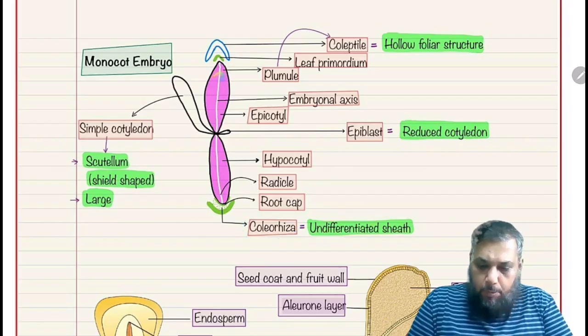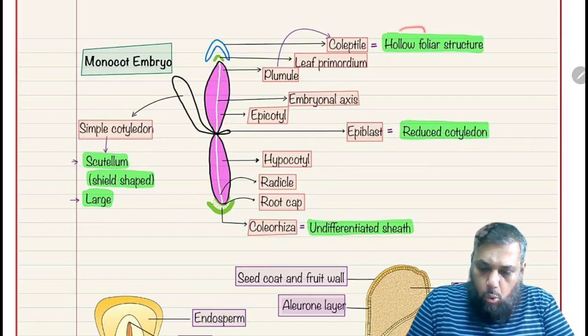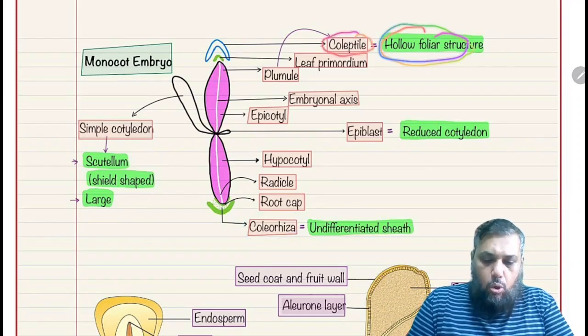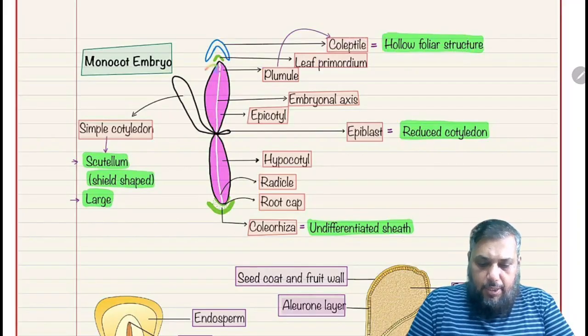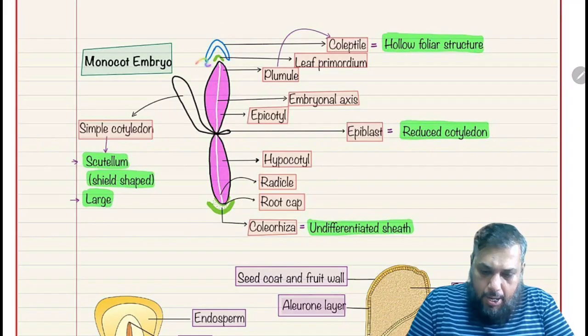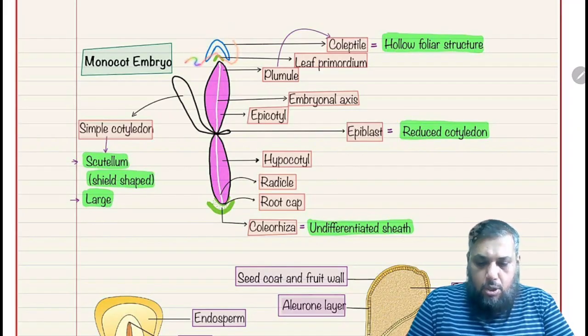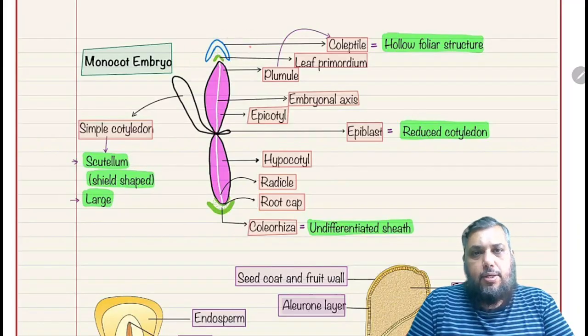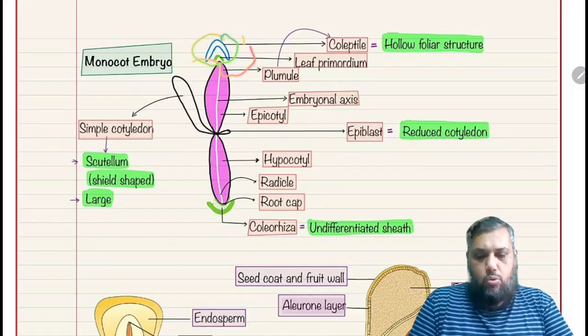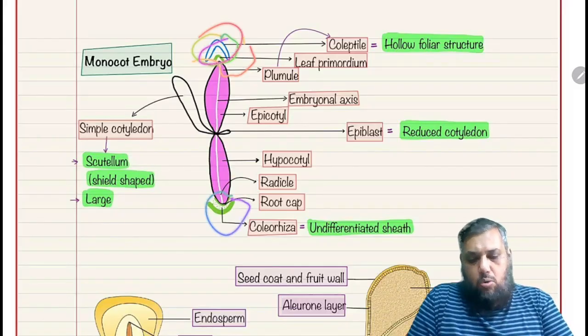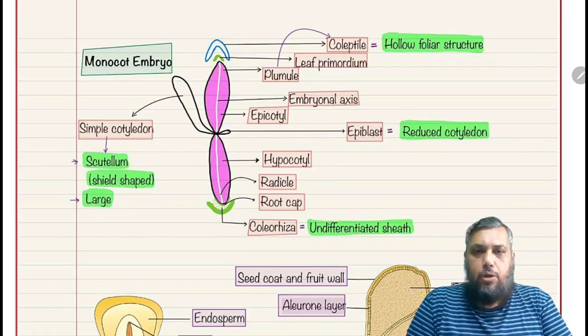And here the plumule is protected by a hollow leaf-like foliar structure which is called the coleoptile. So plumule is covered by the leaf primordium, and it is protected by the coleoptile. See over here, this is the coleoptile. So you have a coleorhiza protecting the radicle, coleoptile over the plumule, in short.